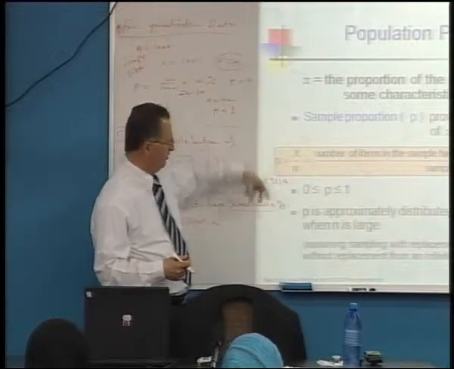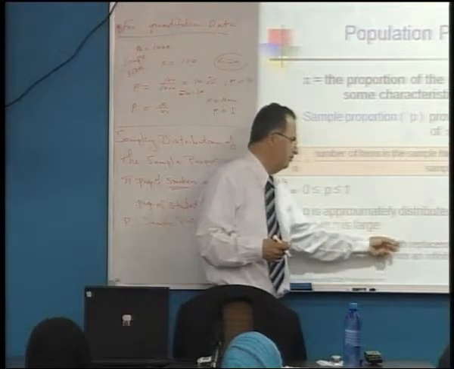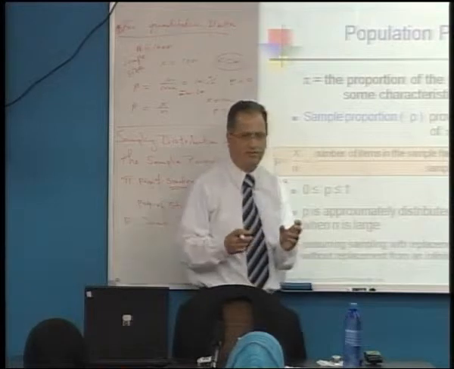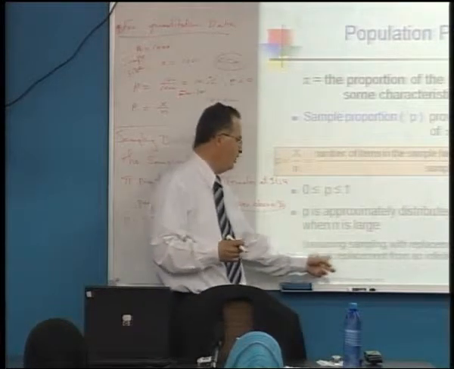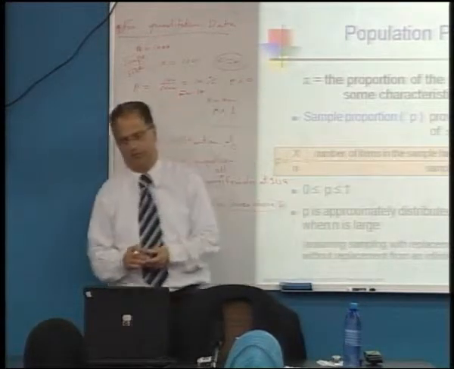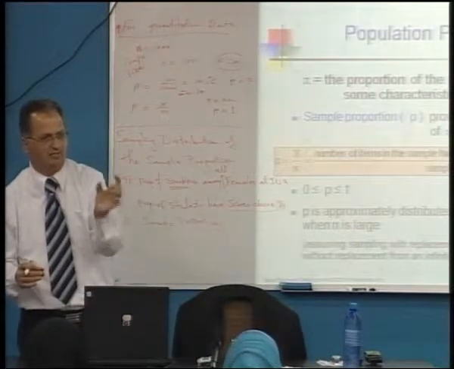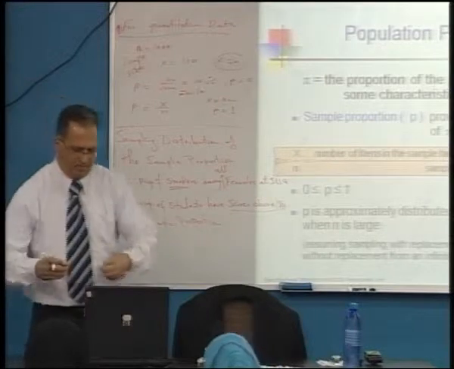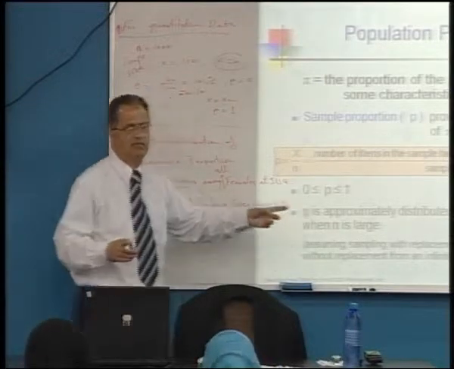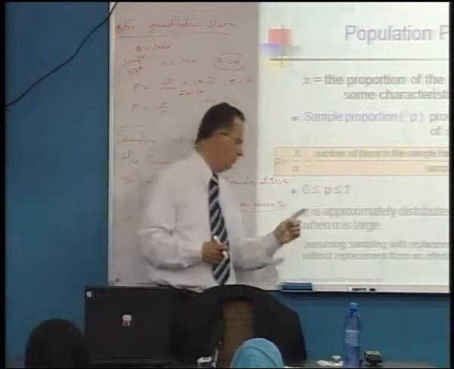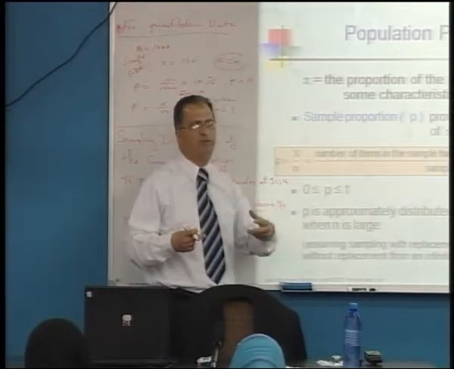Here we assume sampling with replacement if the population is finite, and sampling without replacement from an infinite population. Finite population means limited, with a fixed size. Infinite population means unlimited.